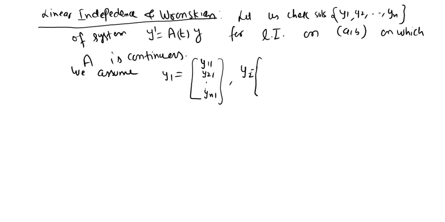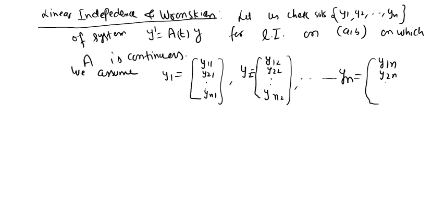This is also a column vector, so y12, y22 and so on, yn2, and so on up to yn. They all are solutions of the system, n cross n, so they all are column vectors, like this.